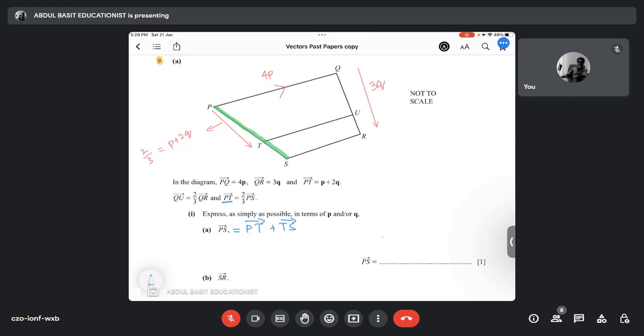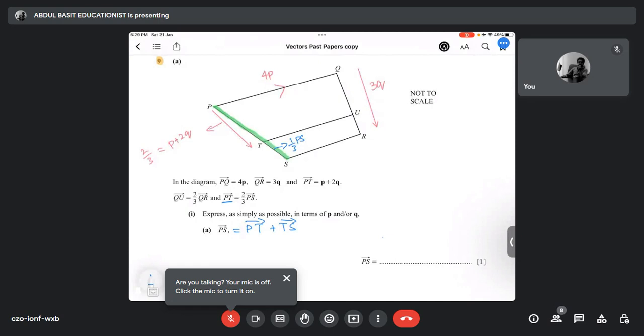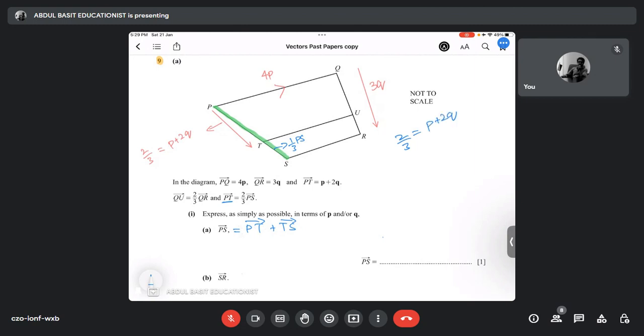Yes. कि मतलब ये जो PT है that is 2/3, so automatically this portion 1/3 PS. इज दिस क्लियर? Yes, sir. So that is the reason मैंने लिख लिया था कि that 2/3 is equal to p plus 2q, ठीक है?